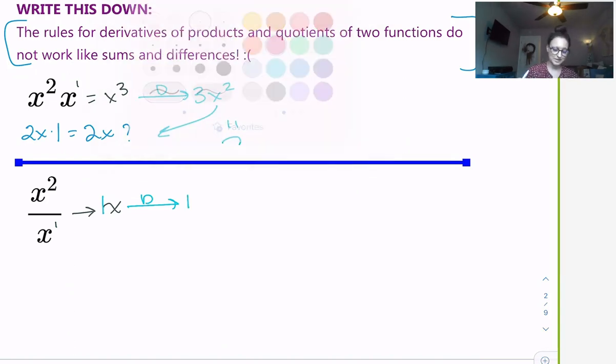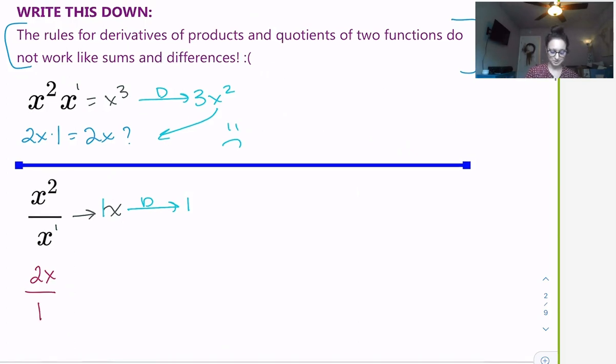If I try to take the derivative of the numerator over the derivative of the denominator, I would get 2x, which is the derivative of the numerator, over the derivative of the denominator, which is 1, which again is not equal to the correct derivative, okay? So something's up here. If I have a product or a quotient, I'm not going to be able to take the derivative of, for example, the numerator over the derivative of the denominator and get the correct answer, okay?